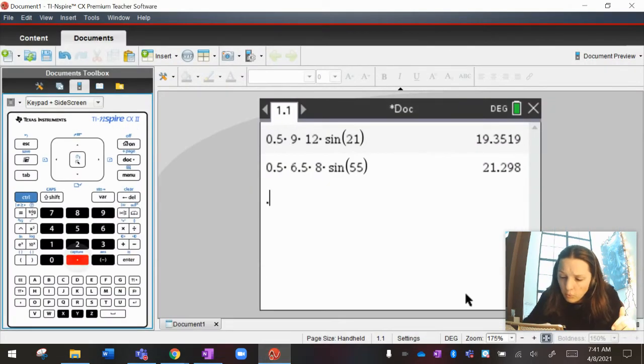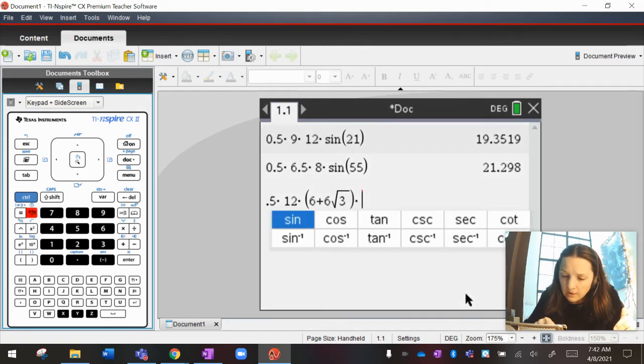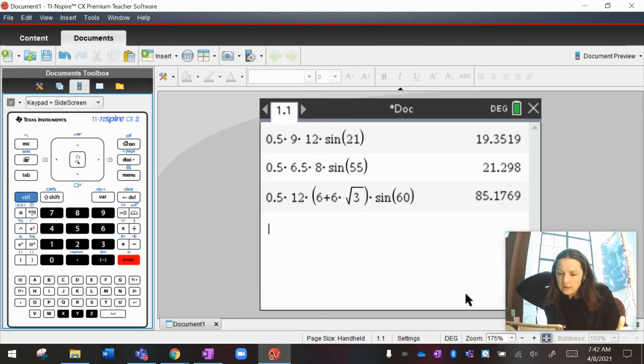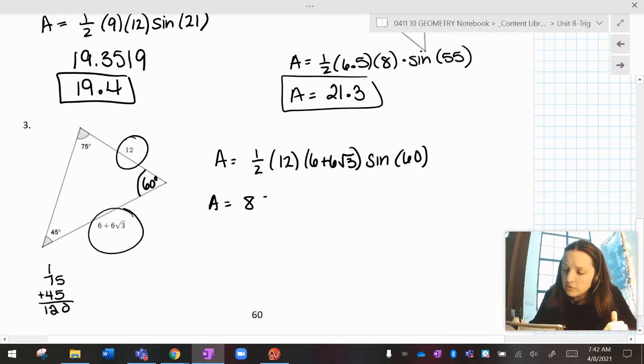Okay, so 1/2 times 12 times 6 plus 6 root 3 times the sine of 60. 85.176, so that's going to be 85.2.